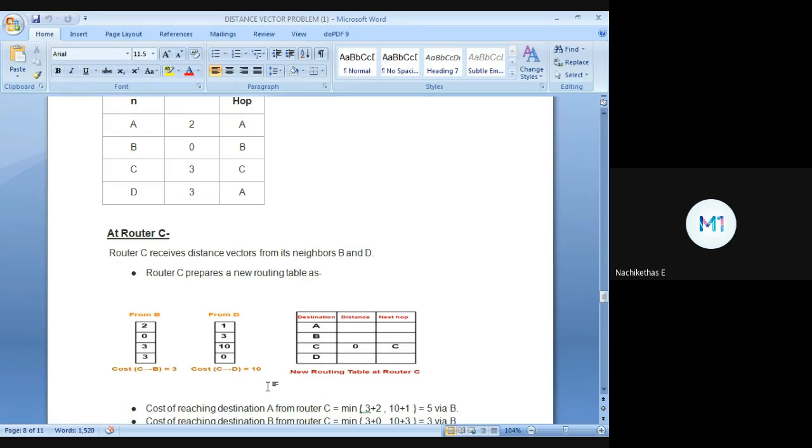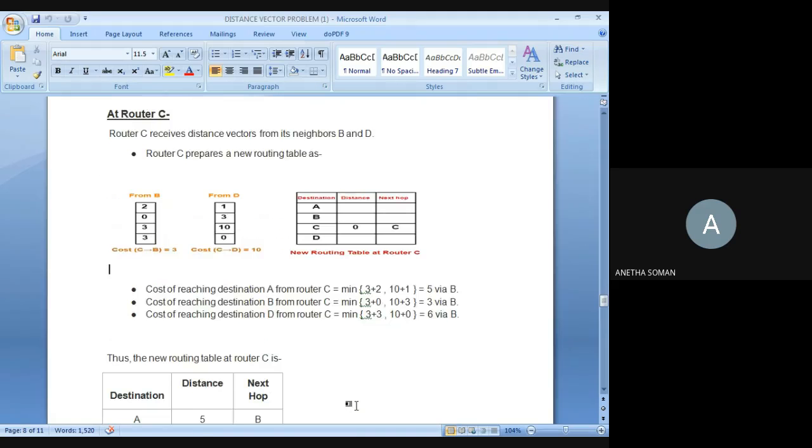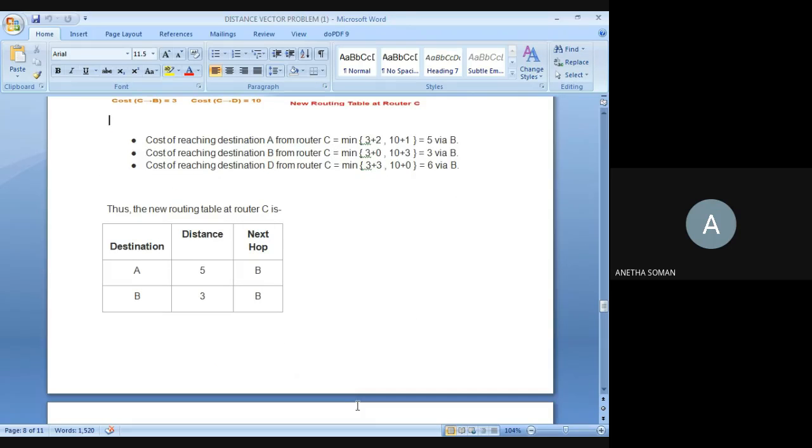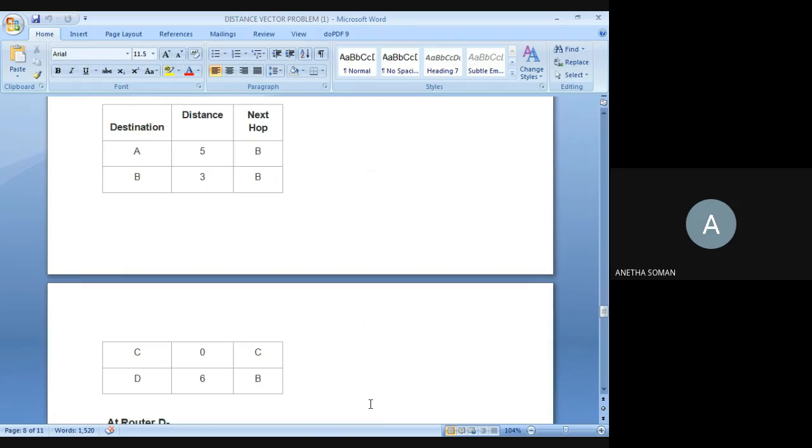Okay. And then 10 plus 0. So what you're getting? It will be 6. So there is a change in the routing table when you're comparing with the initial one of C. Okay, so what is the new routing table for C now? It is A5B, B3B, C0C, and D6B.